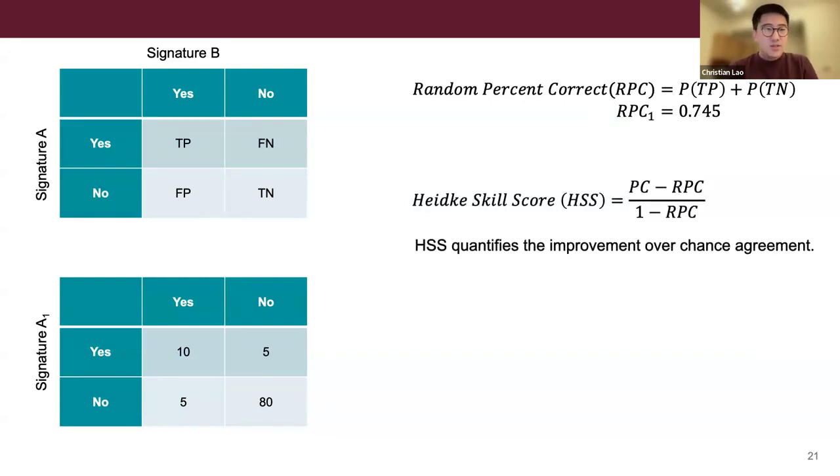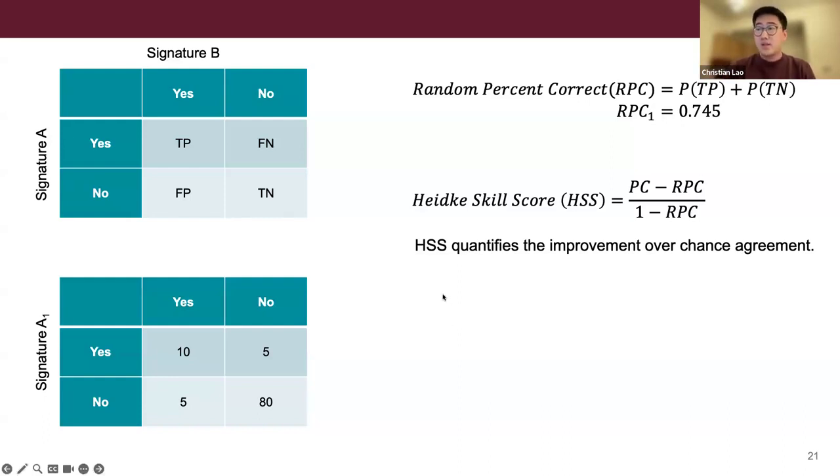Then we make use of this in the way of the Heidke skill score, where you evaluate the percent correct that you evaluated for this contingency table, minus the random percent correct, over 1 minus the random percent correct. The one here might seem a bit arbitrary, but it's the ideal percent correct score achievable when all the elements are either in the true positive or true negative case.